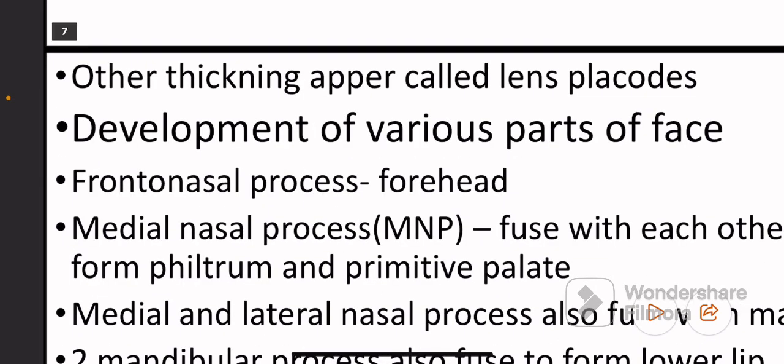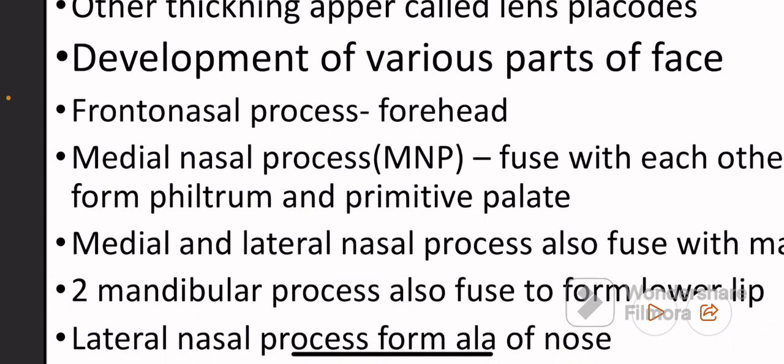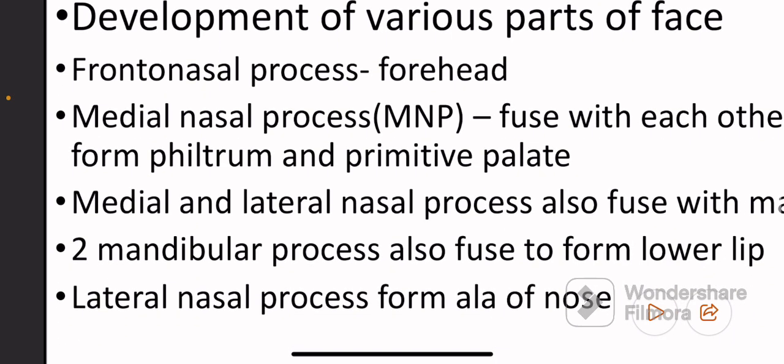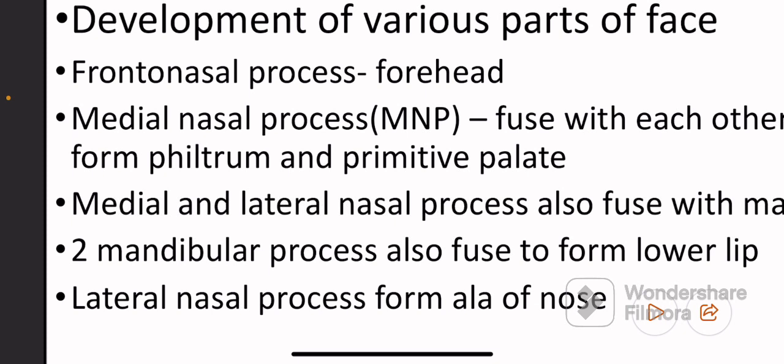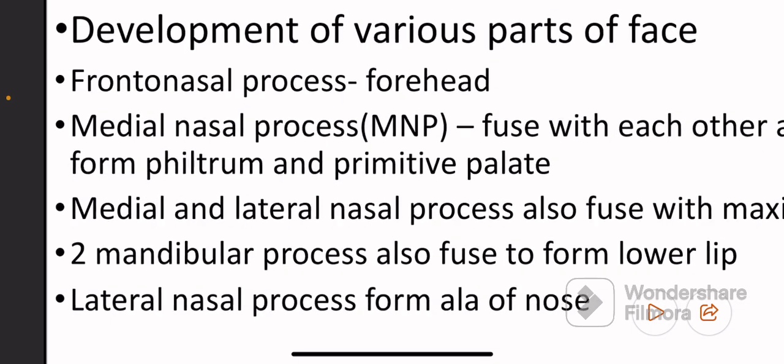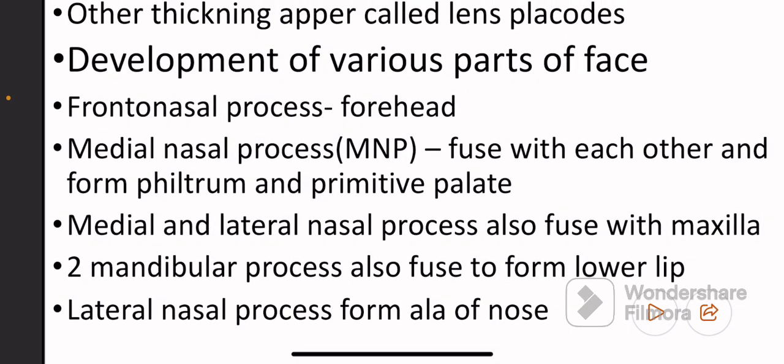The frontonasal process forms the forehead of the face, while the medial nasal processes fuse with each other and form the philtrum and primitive palate, whereas the medial and lateral nasal processes also fuse with the maxilla to form the upper lip, and the two mandibular processes fuse to form the lower lip, which is also known as the lower jaw.